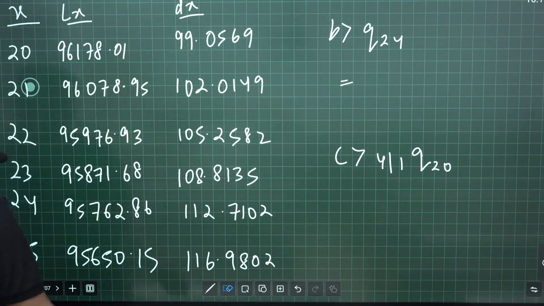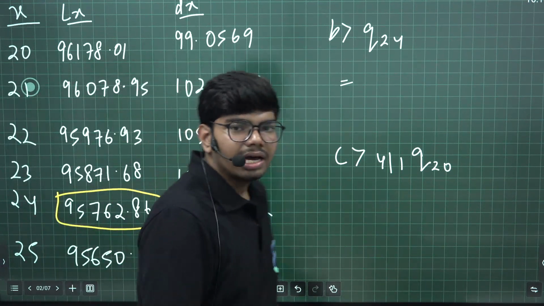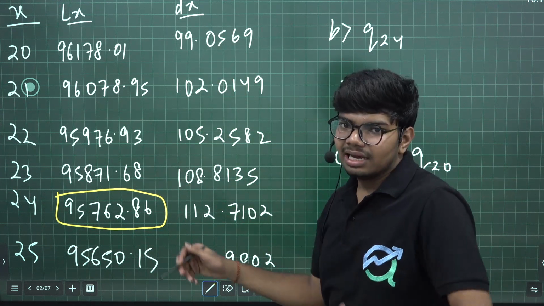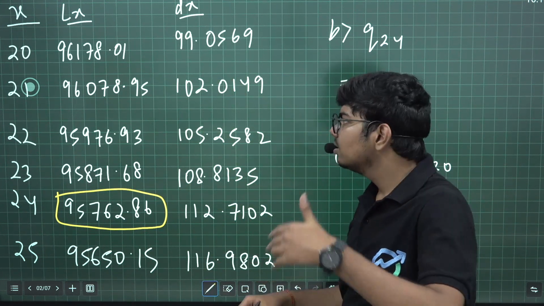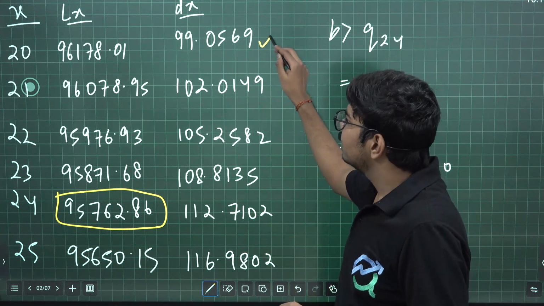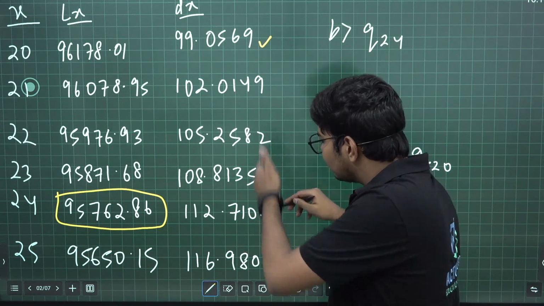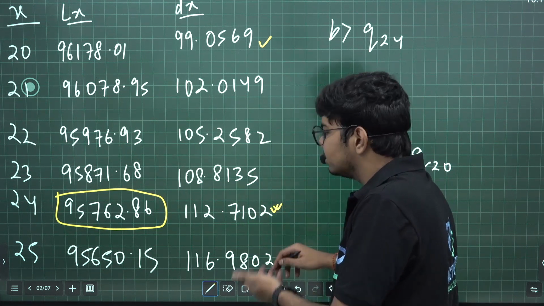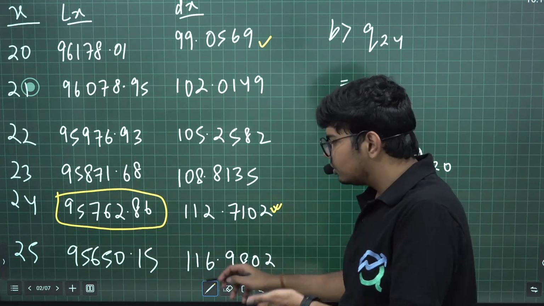And how to do that? As I said, I am a 24-year-old person. So basically, I am a part of this population, and I want to die within the next year, right? So dH essentially meant, as I had defined earlier, the number of people who have died between H and H plus 1. So basically, this means the number of people who have died between 20 and 21. If we just go on and on recursively, I will ultimately get to this value, which essentially means the number of people who have died between 24 and 25, which is what I want.